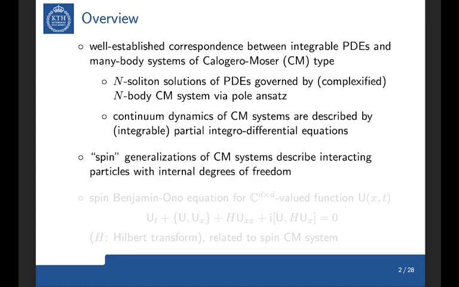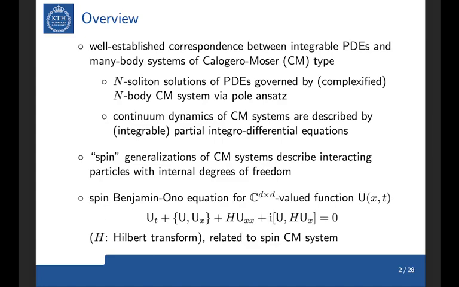So today, my focus is on providing some new examples in this correspondence that involve spin generalizations of CM systems. So these are generalizations of conventional CM systems where the particles carry internal degrees of freedom, colloquially called spin.